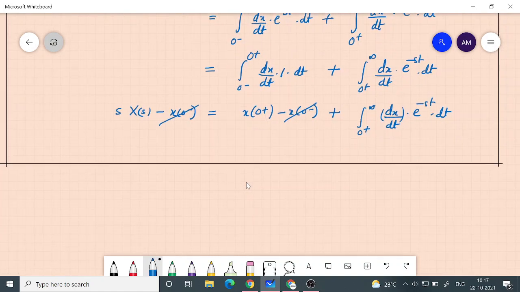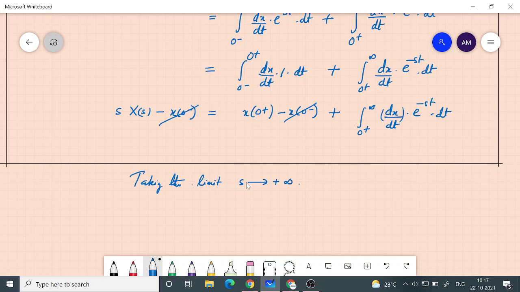then e raised to minus st, e raised to minus infinity, we know that in the limit, s goes to plus infinity.